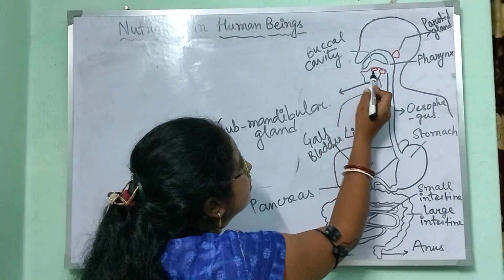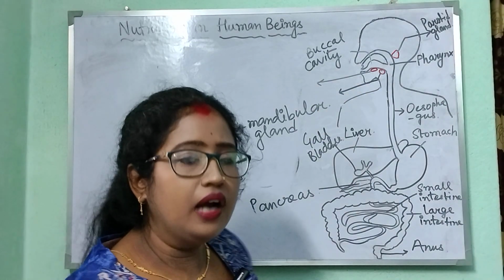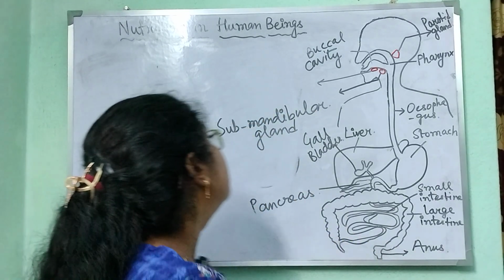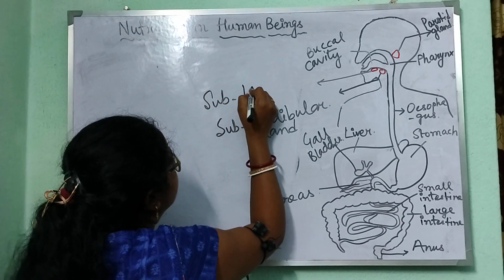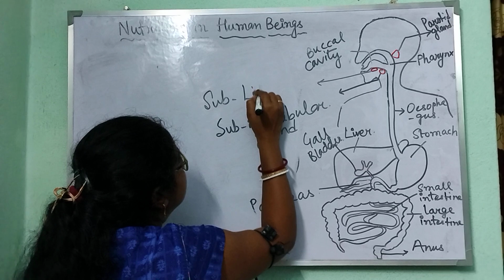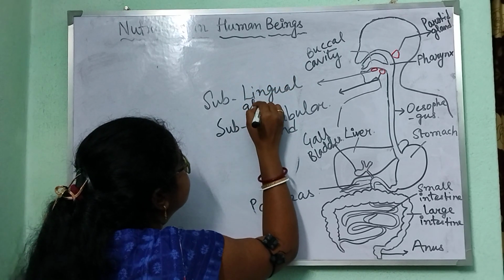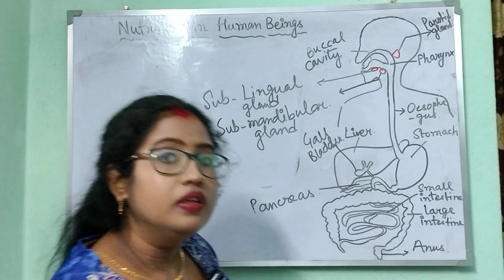After that, we have our third salivary gland, which is situated just beneath the tongue. This is known as sublingual gland. This is known as sublingual gland.